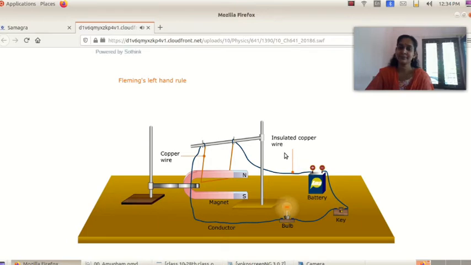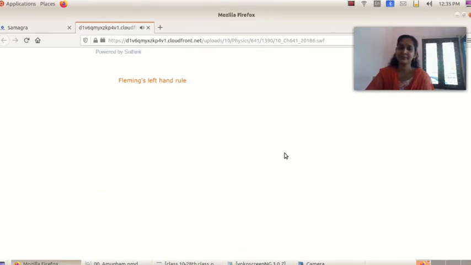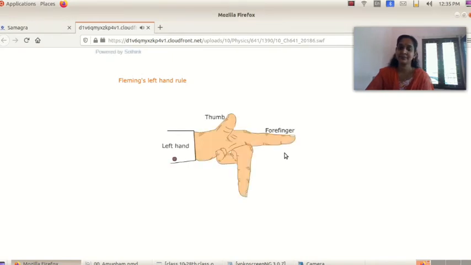Fleming's left-hand rule helps us to predict the movement. Extend the thumb, forefinger and the middle finger of the left hand in such a way that all the three are mutually perpendicular to each other. If the forefinger points in the direction of the magnetic field, the middle finger in the direction of the current, then the thumb points in the direction of the force exerted on the conductor.